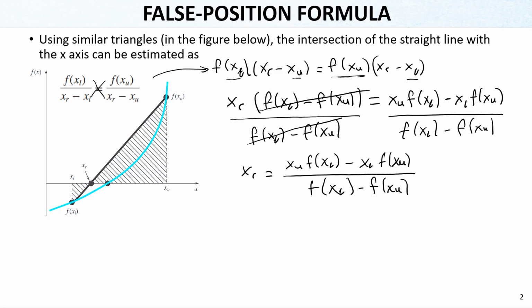So this is the formulation for estimating the root in the false position method. Instead of the midpoint, we are using this.